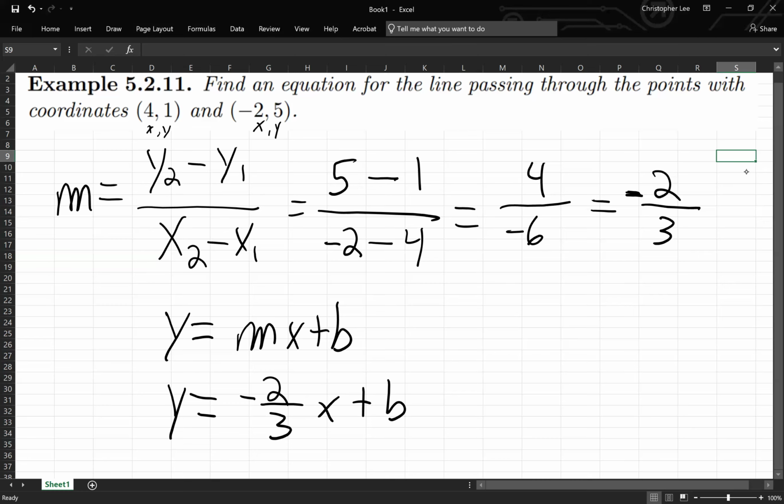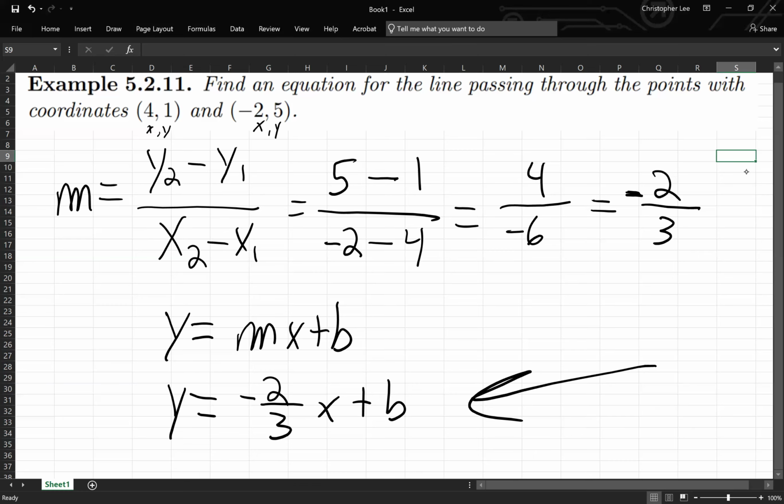All right, so I want to figure out b. How can I do that? What would I need in this equation to figure out b? I have the slope, it's negative 2 over 3, and I'm looking for b.